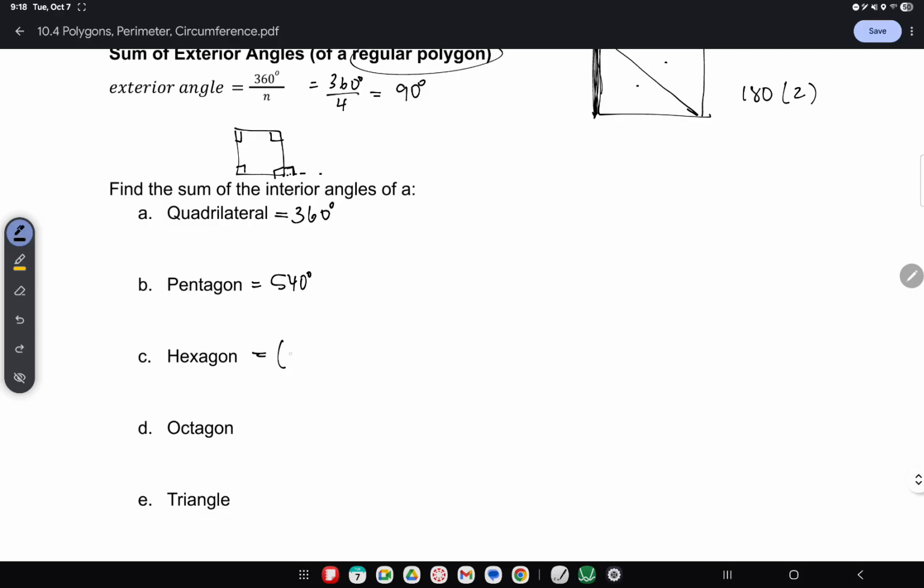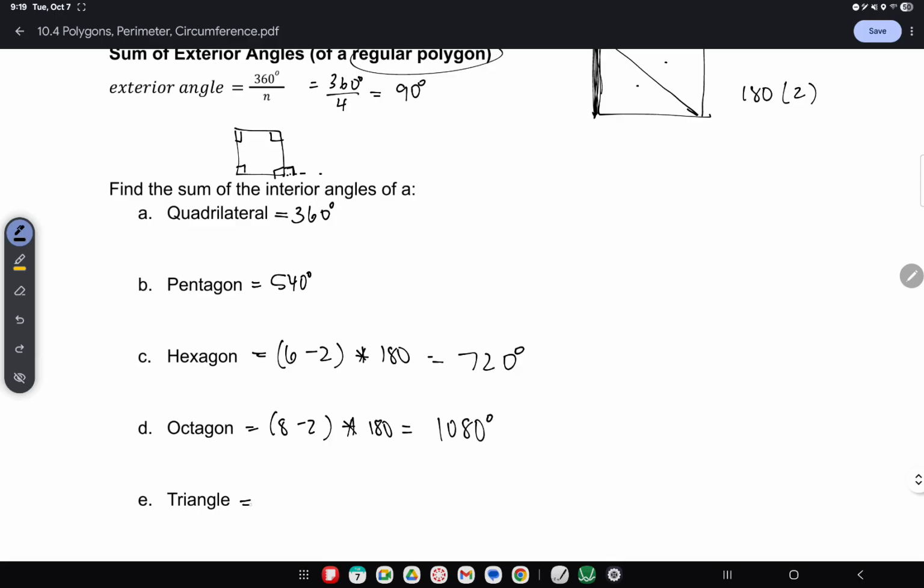Hexagon, so that's 6 minus 2 times 180. So that's 4 times 180, so 720. And then an octagon, it's 8 minus 2. So that's 6 times 180.